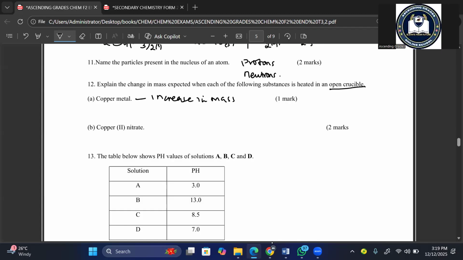So the addition of the oxide will increase the mass. Then in copper 2 nitrate, the mass decreases, because it decomposes to form gaseous products, that is nitrogen 4 oxide and oxygen, which will escape into the atmosphere. Remember, we are talking of an open crucible.